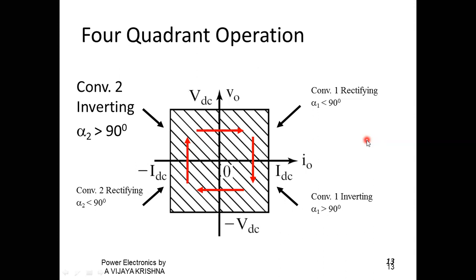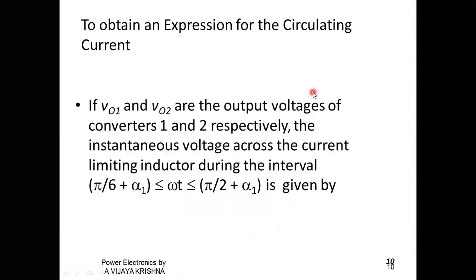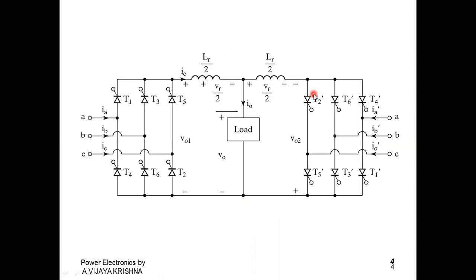Okay, so if you observe in four quadrant operation, without any mechanical changeover switch, two full converters can be connected back to back to the load circuit. I will show this within a circuit. Yes, this is the circuit. This is the circuit for dual converters of a three-phase supply.